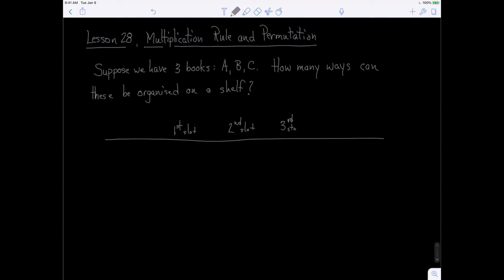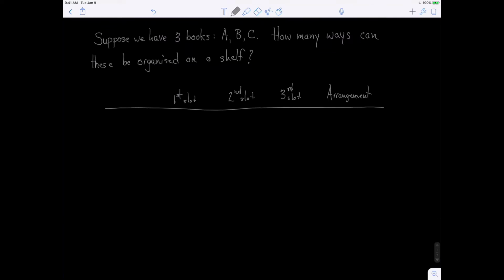And finally, we're going to put the arrangement here, the arrangement of the books. All right, well, here we go. So, yeah, you don't really have to be too careful, but maybe we'll start out here. We have a book.